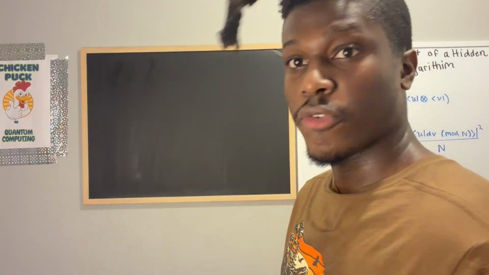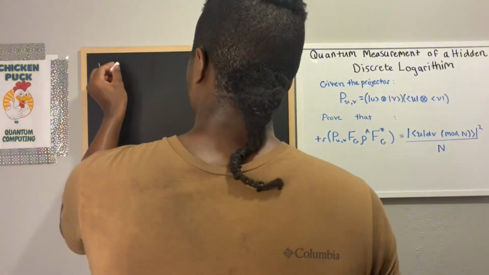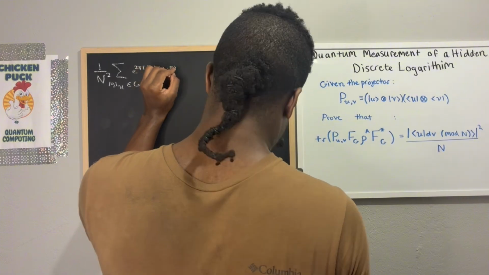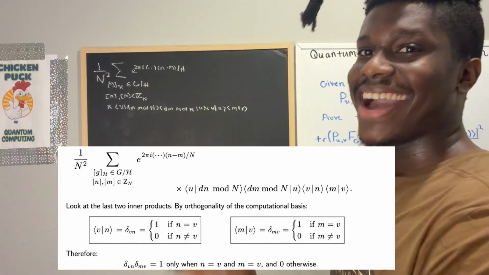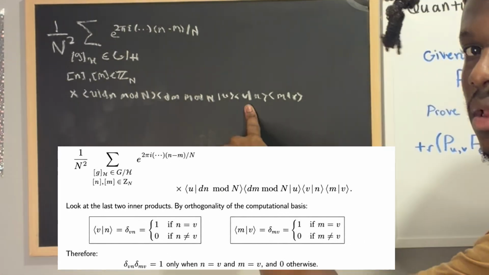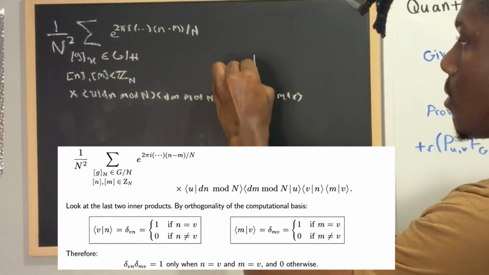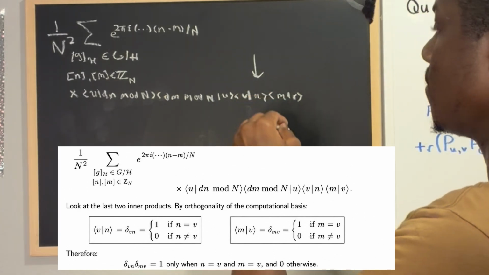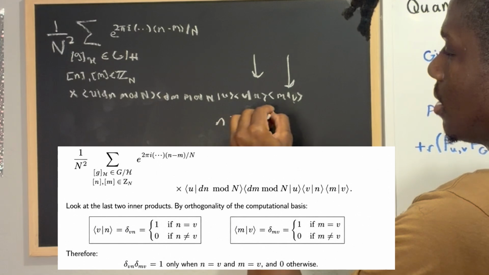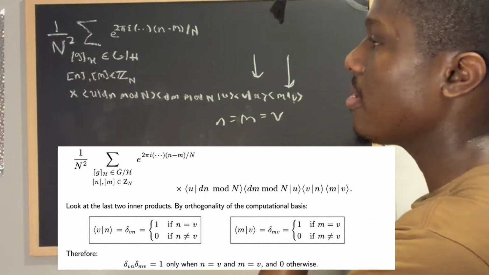This is a long formula, but we have to write it out. I know this is long, but we'll break it down, okay? Because of the orthogonality, this Vn here, and mv, because of the delta functions, n equals m equals the v. Almost everything disappears.